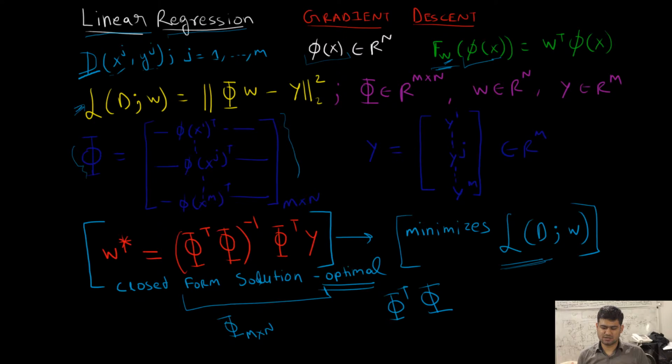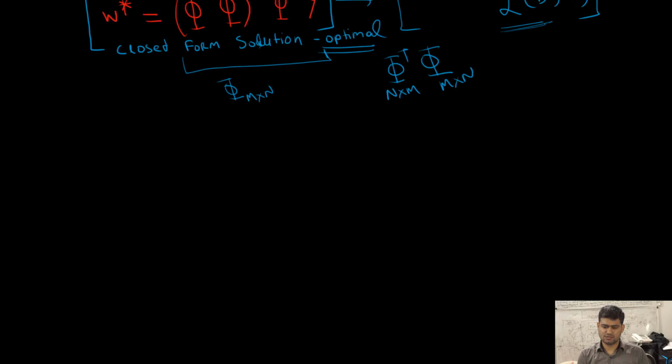This matrix is now n by m, and this is m by n. Phi transpose times phi: this matrix is n by m, and this is m by n matrix.